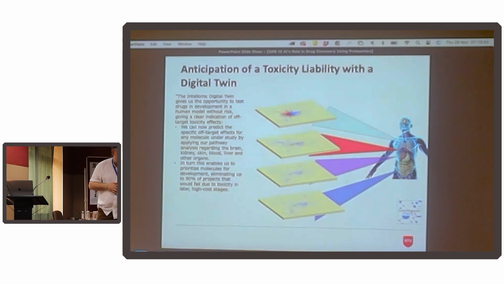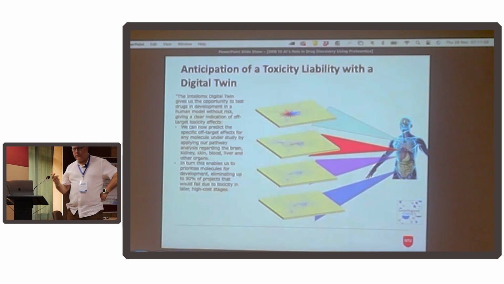But what we can also do, and it feels a bit like the body snatchers, but I'm doing it digitally, is go out and collect all sorts of healthy organ data from publicly available databases. Then I can use that to apply these network inference models in different states to build effectively a pathway model in different healthy tissues.